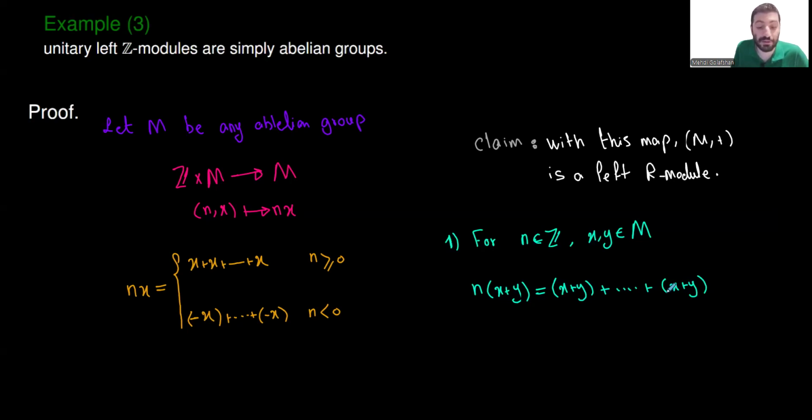So this is n times x plus n times y, where we are adding the x's n times and the y's n times.